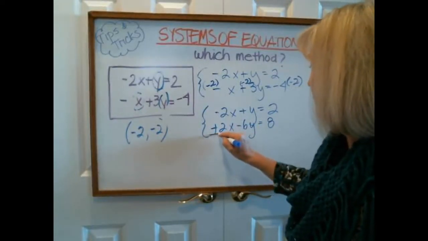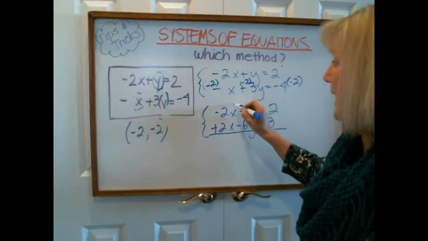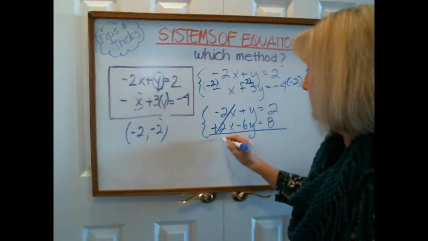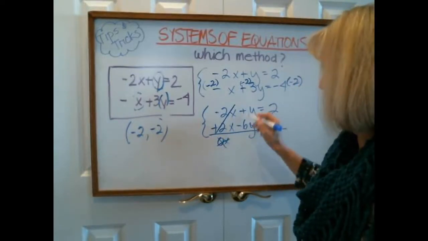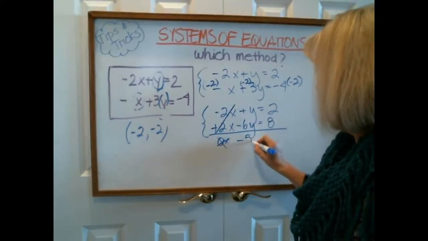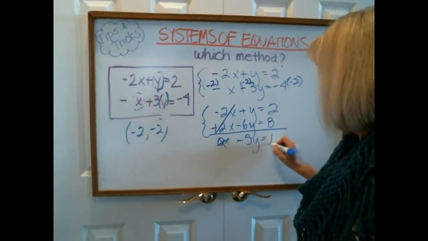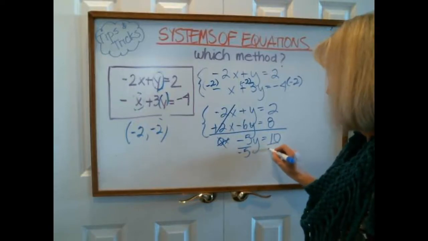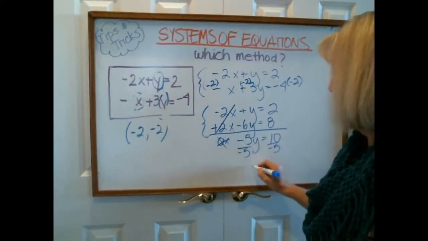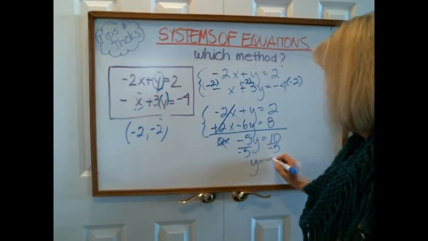Now we add these together, and the x terms turn out to be 0x, so we don't even need to look at them, and then this is negative 5y equals 10. Our last step is to divide by negative 5 on both sides, so y equals negative 2.